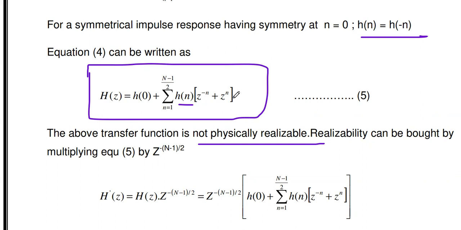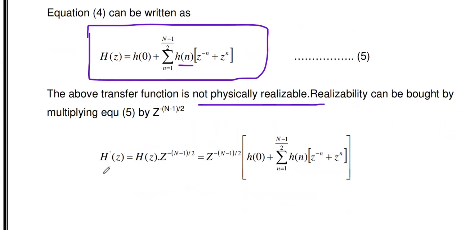In order to convert this physically non-realizable system into a realizable system, we have to multiply the transfer function H of z with z power minus (N minus 1)/2.